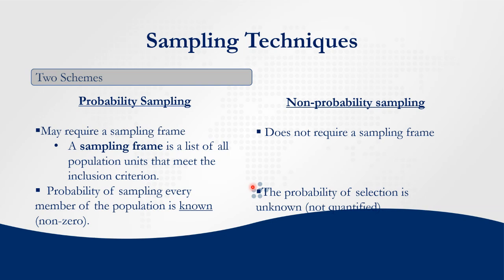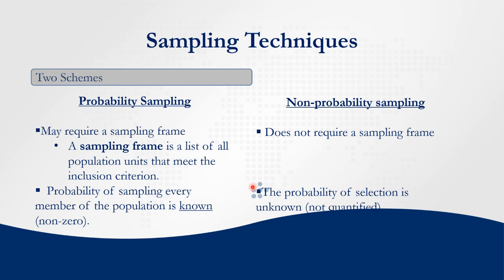You must know that you will be able to get access to a list. And one of the features of probability sampling is the probability of being selected. So you have a list, and then we're going to sample using one of the probability sampling approaches.